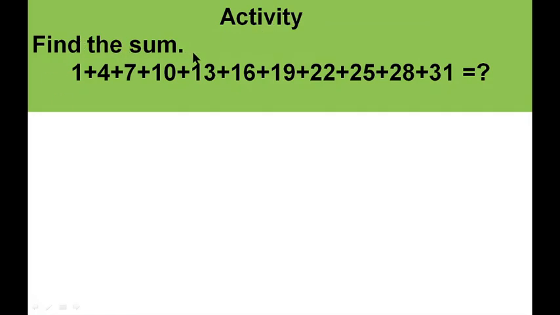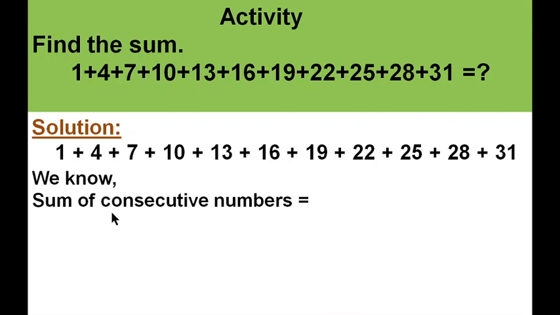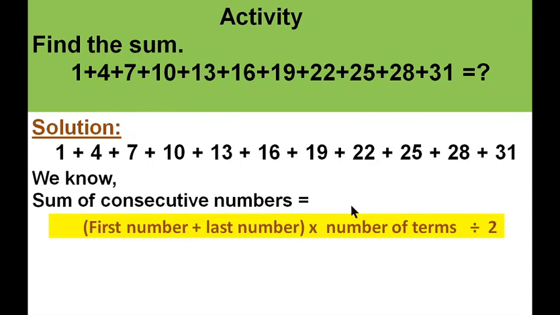Activity: find the sum. 1 plus 4 plus 7 plus 10 plus 13 plus 16. Okay, if we solve this problem, we know that the sum of consecutive numbers is first number plus last number multiplied by number of terms divided by 2.